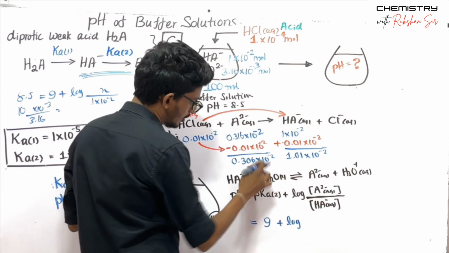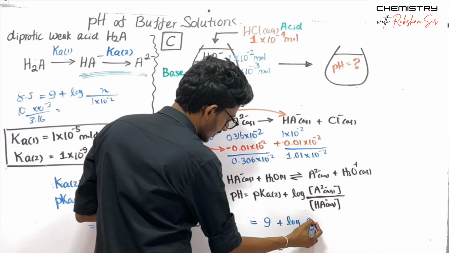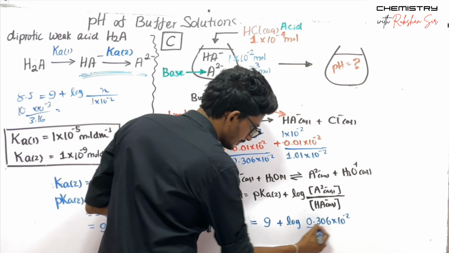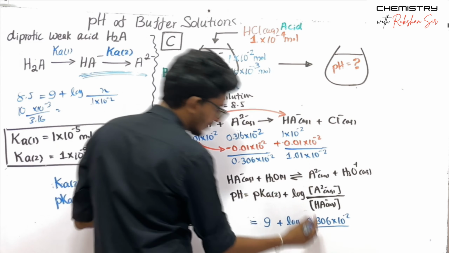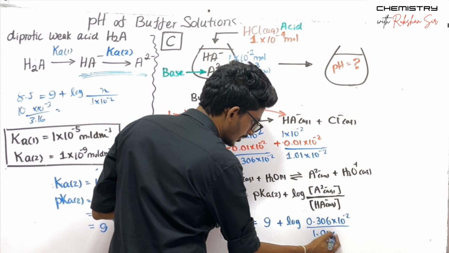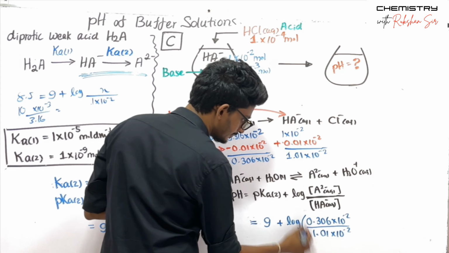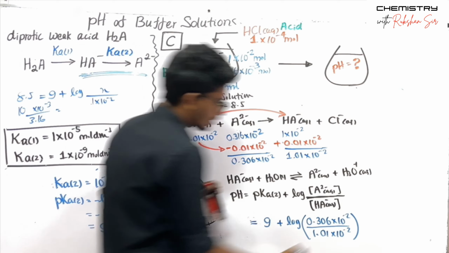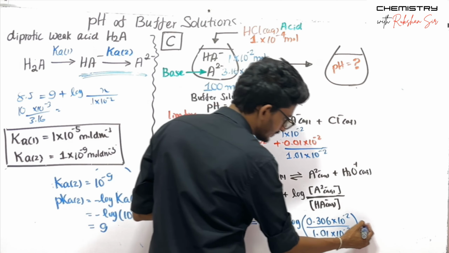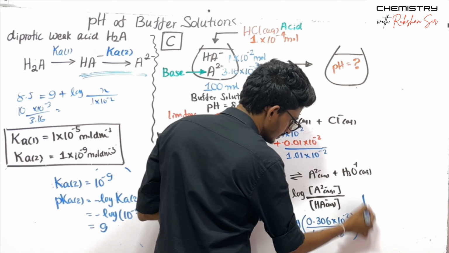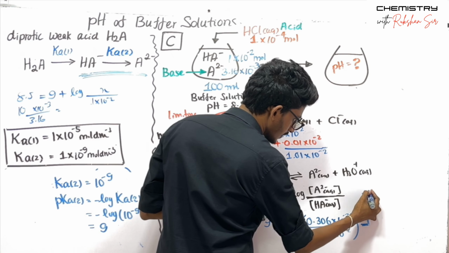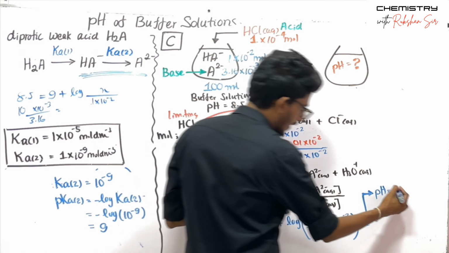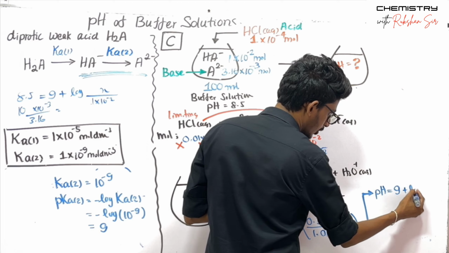So the A2 minus amount is 0.306 into 10 to the minus 2. The HA minus amount is 1.01 into 10 to the minus 2, right? So you can calculate the pH. Here pH is equal to 9 plus log.